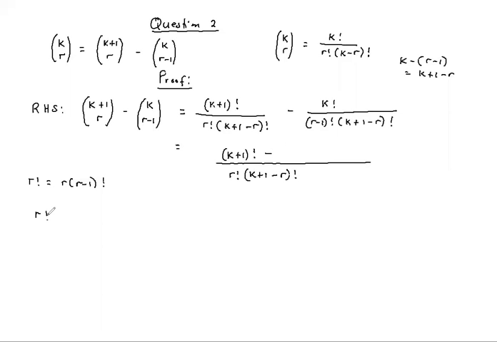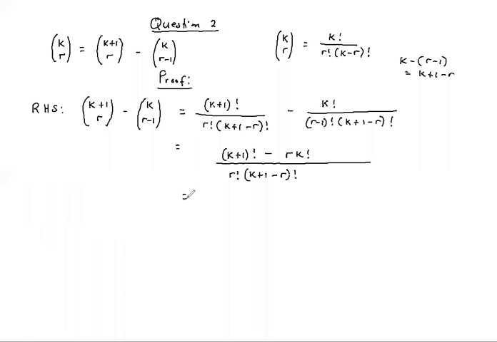So the only tricky part is on r factorial. So we now have r factorial divided by r minus 1 factorial. What do we get? We can write our r factorial as r times r minus 1 factorial, and have r minus 1 factorial here. Then this and that can cancel, so r will remain. So r multiplied by the numerator k factorial will have that. From that, we can now move.